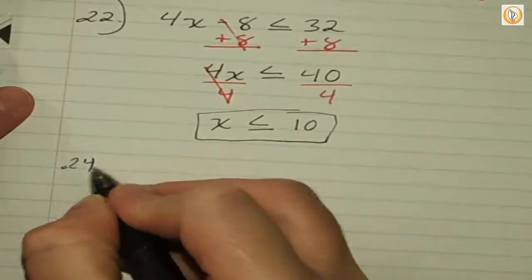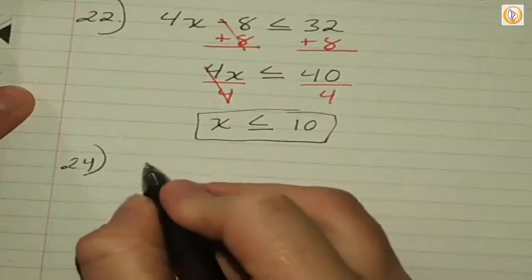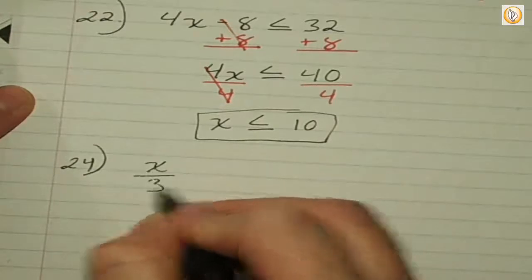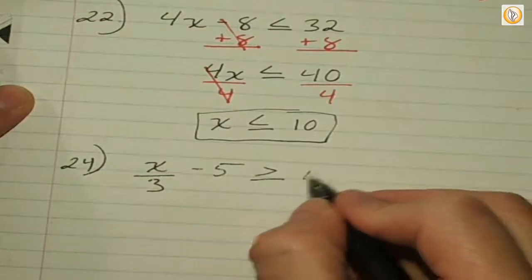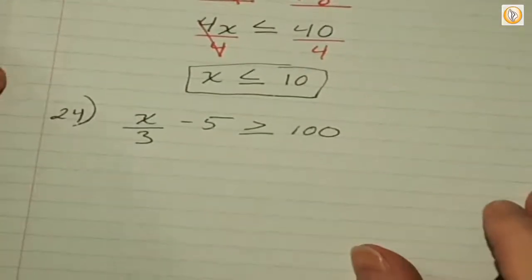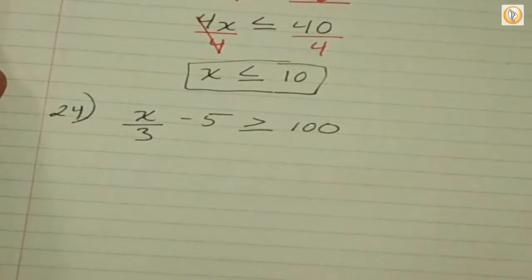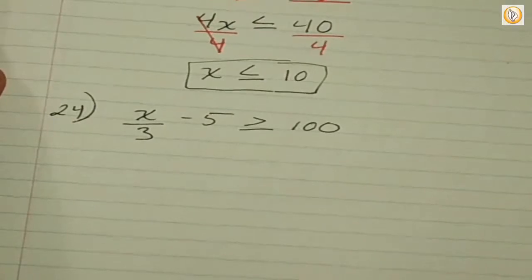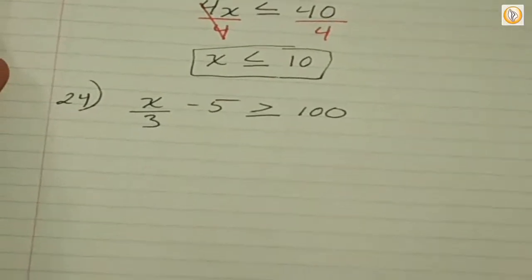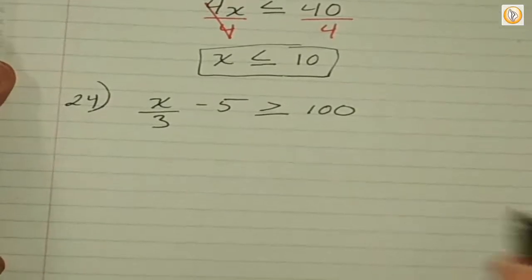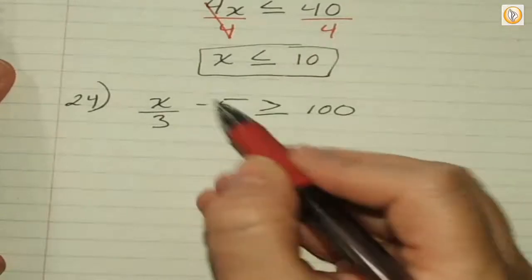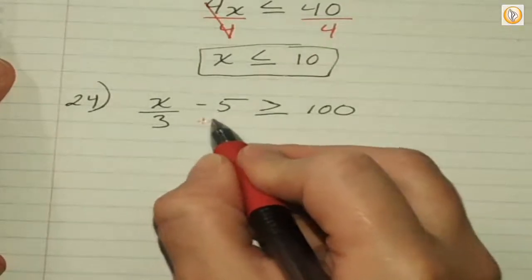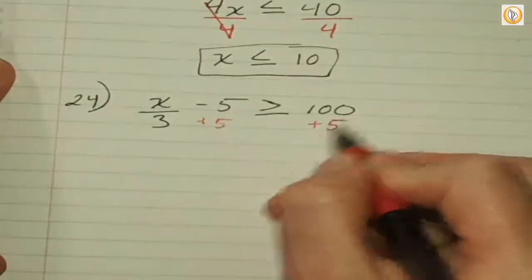24. Kelly, I have x divided by 3 minus 5 is greater than or equal to 100. Plus 5. Okay, so we're going to get rid of this term first. So I'm adding 5 to both sides.